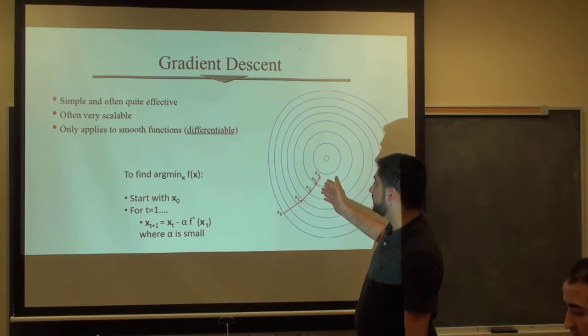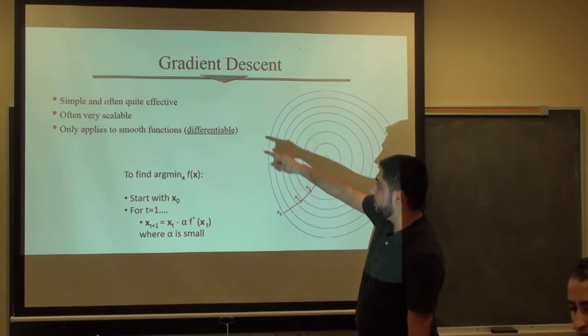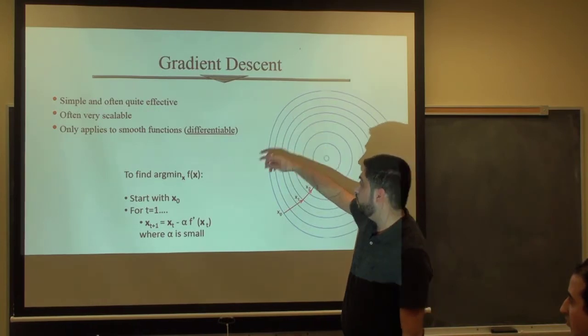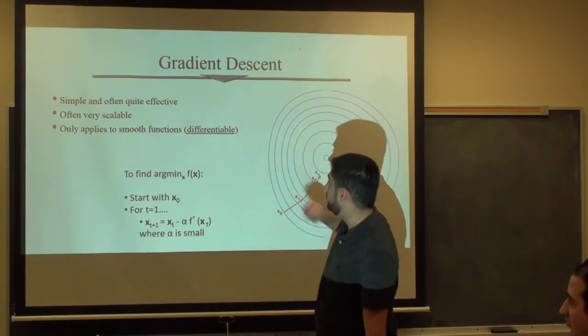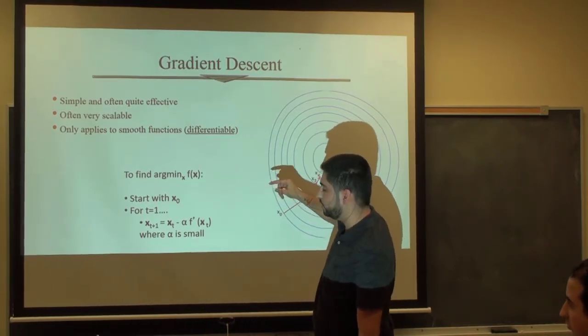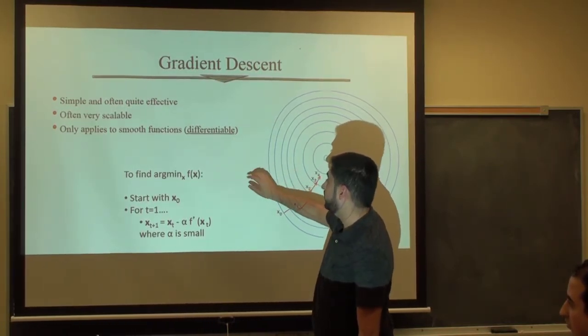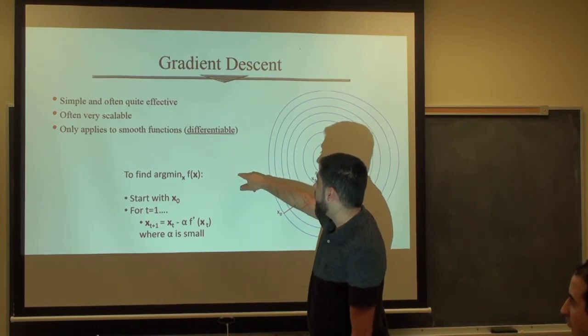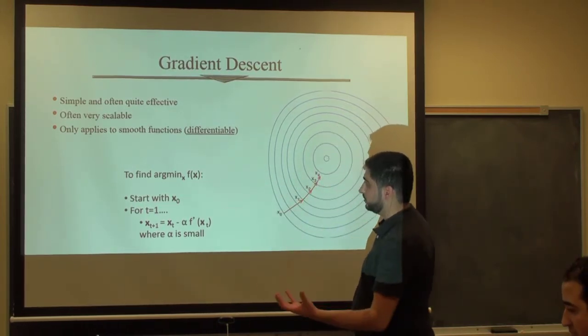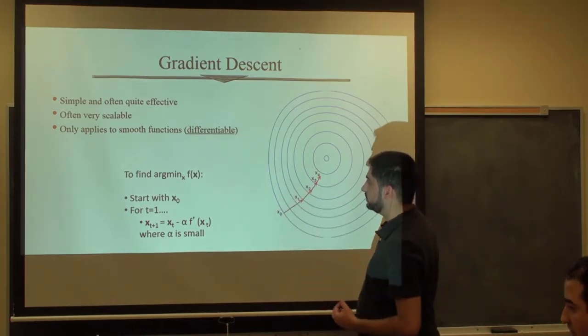In our case, our function is the error. We have an error function like this, and we're trying to find the global minimum, which is the lowest error we have based on the W we use.